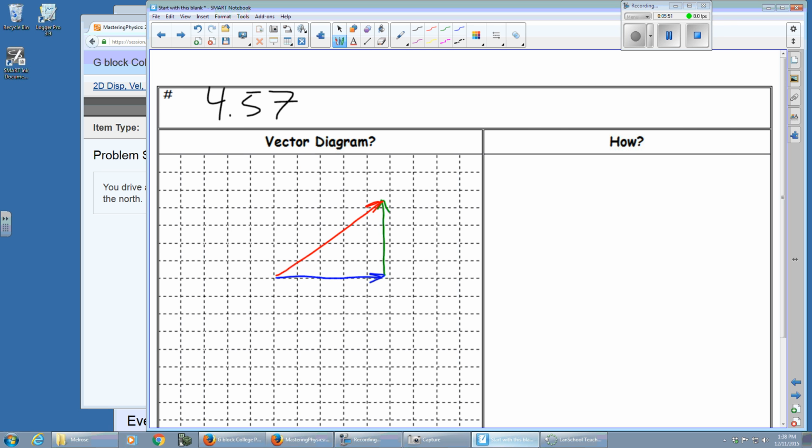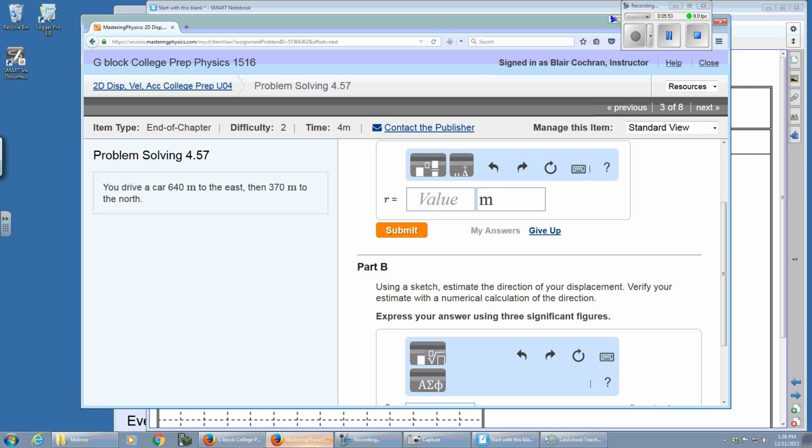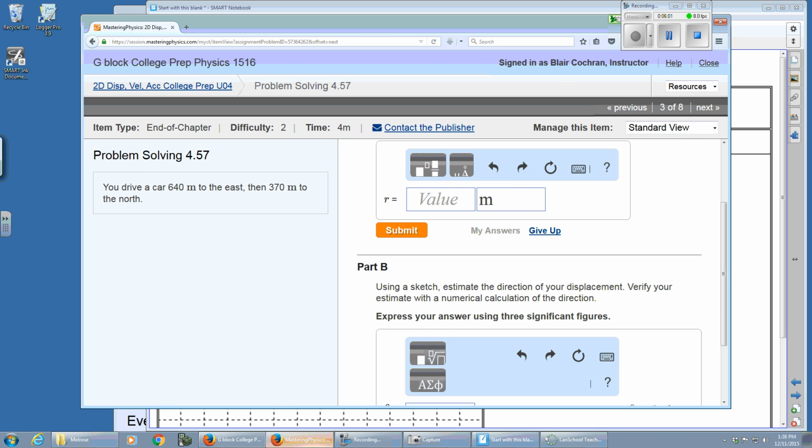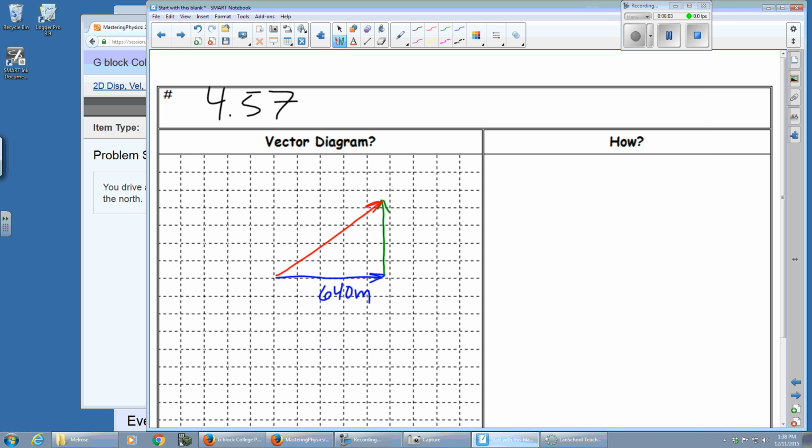So let's see, how far east? 640. How far north? 370. Let's call this D. And they also want to know what angle north of east.